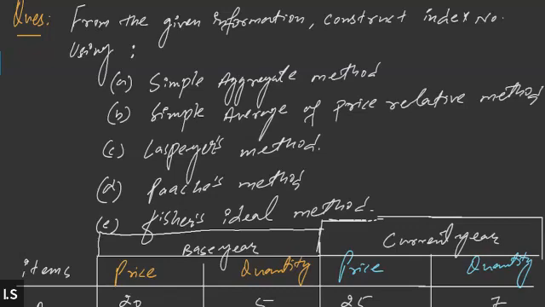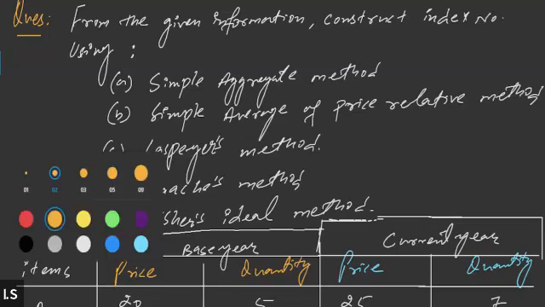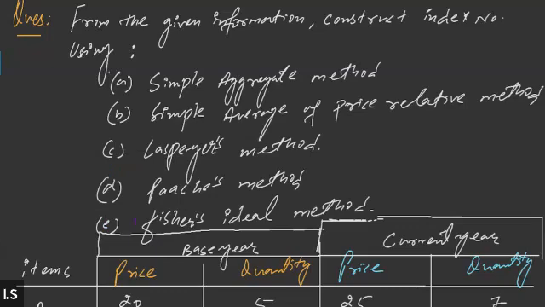From the given information, construct index number using simple aggregative, simple average of price relative, Laspeyres, Paasche's, and Fisher's ideal method. So note everything down. You will be solving these on your own, then I'll be helping you with the Laspeyres method, Paasche method, and the Fisher's ideal method.